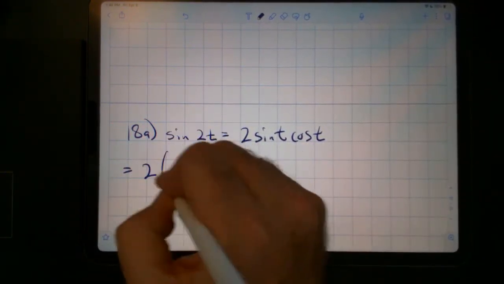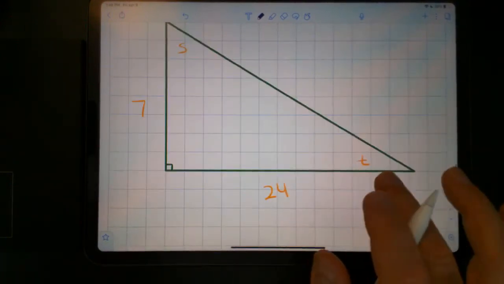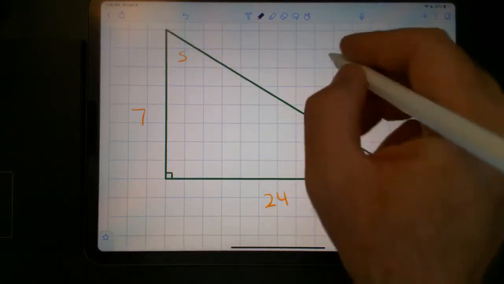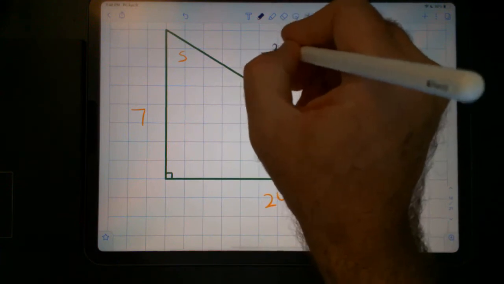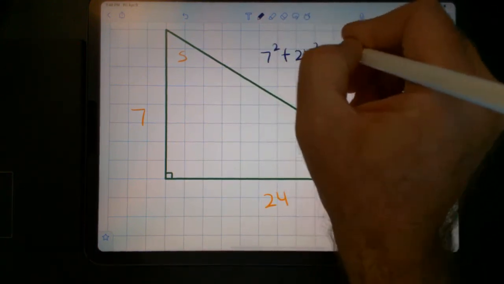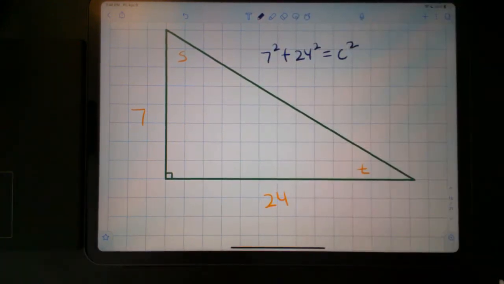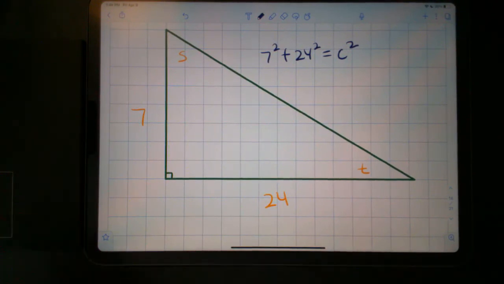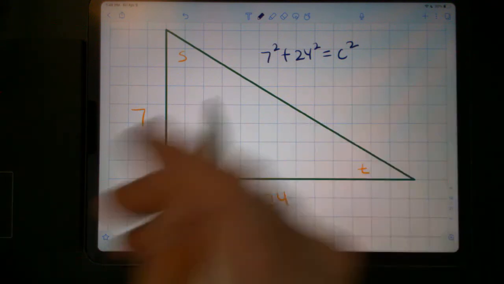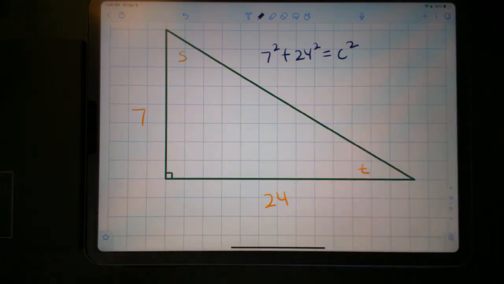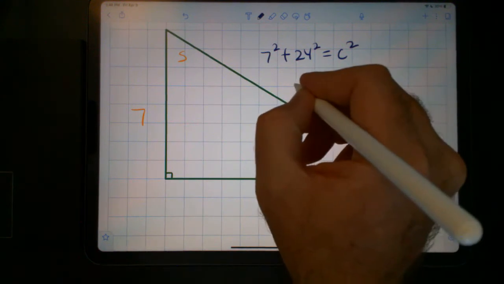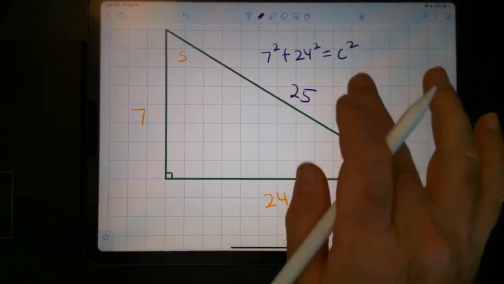So we have 2 times sine of t. We have a missing part here, so we need 7 squared plus 24 squared is equal to your hypotenuse squared. And this tells us that our hypotenuse is 25.